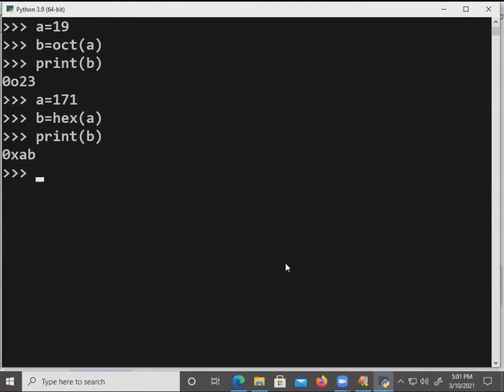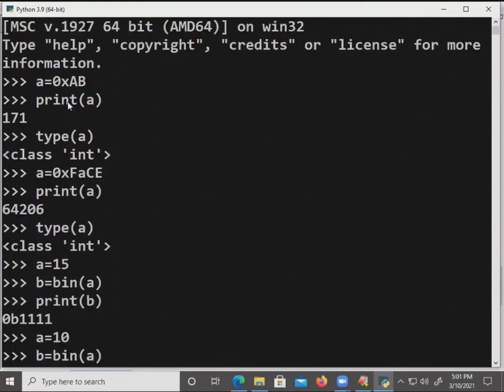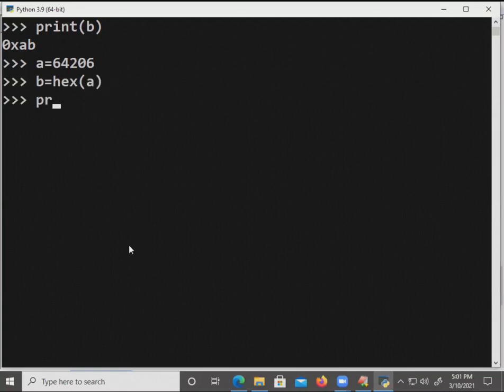If I look carefully here, this is coming. Let me take another value: A is equal to 64206. B is equal to hex of A. So print of B, you will get 0xface.